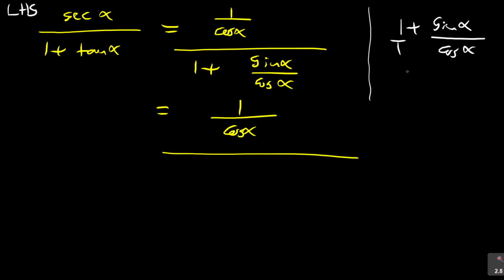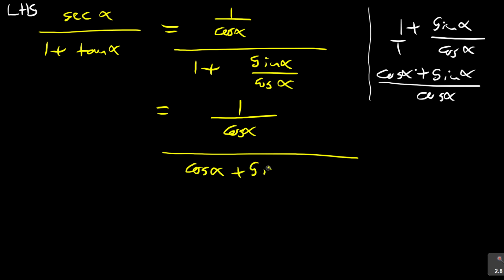You can see this is 1 over 1, the common denominator is cos alpha, so 1 times cos alpha is cos alpha, plus 1 times sine alpha. So it will be cos alpha plus sine alpha over cos alpha.